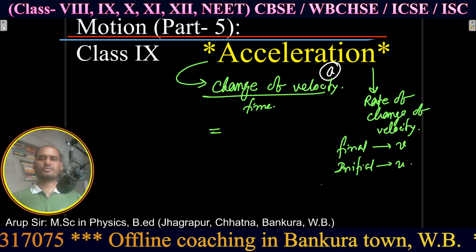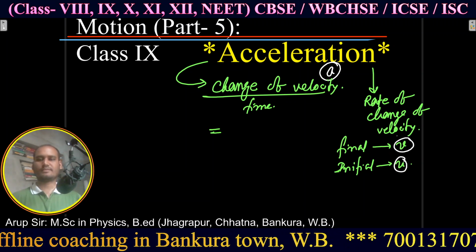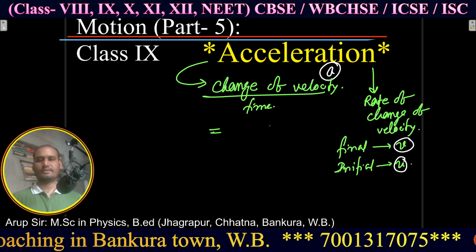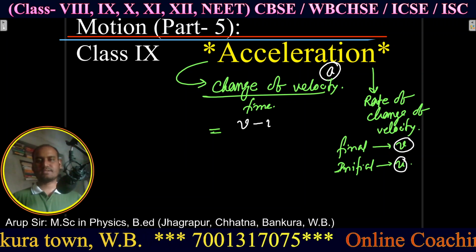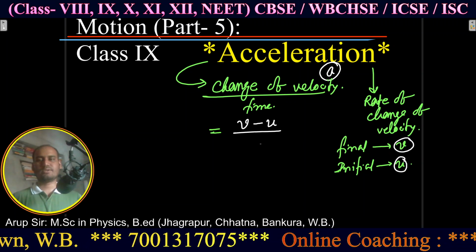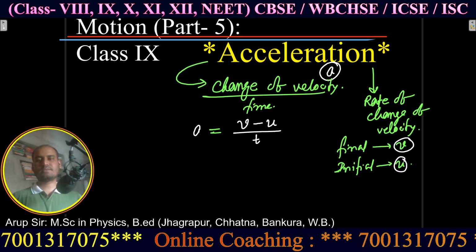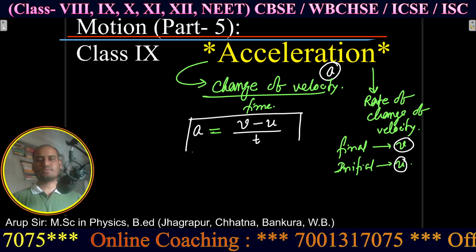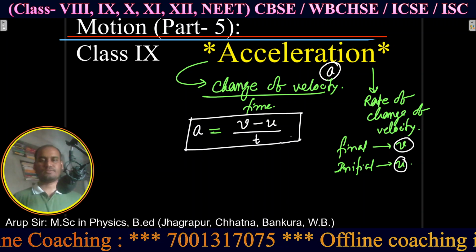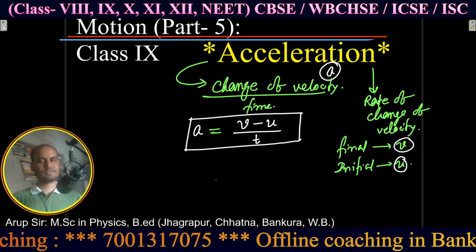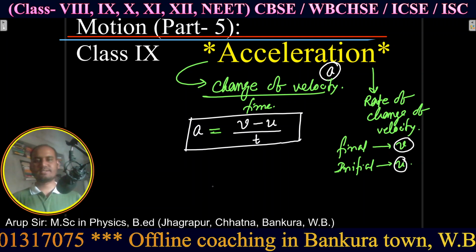So change in velocity means final velocity minus initial velocity, v minus u, divided by time t. Acceleration is denoted by a, so our formula is a equals v minus u by t. You need to remember this formula, very simple.